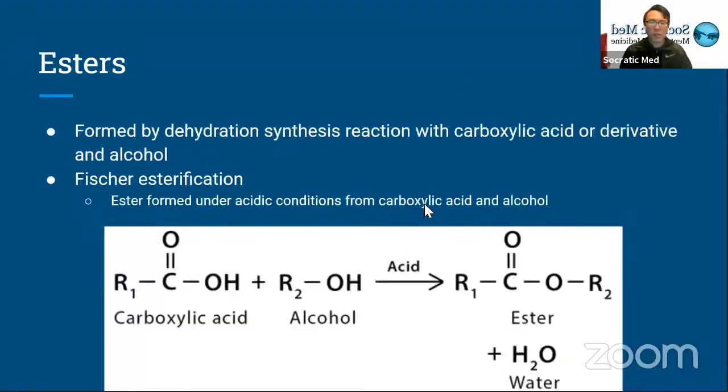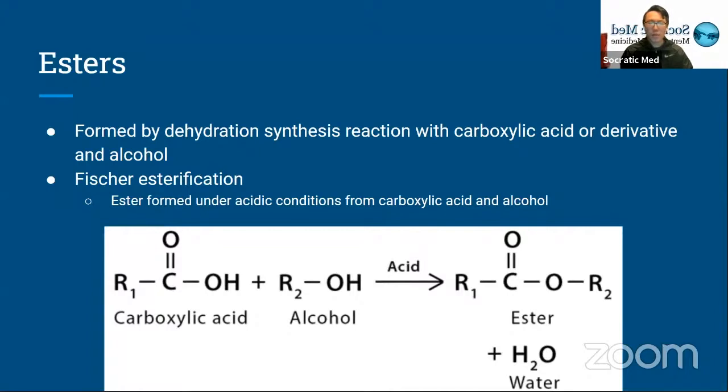Next, esters. Like I said, an ester is formed by reacting a carboxylic acid or one of the derivatives with an alcohol. This is also a dehydration reaction because it loses a water molecule as a side product. It's called a synthesis reaction because you combine two molecules into one.